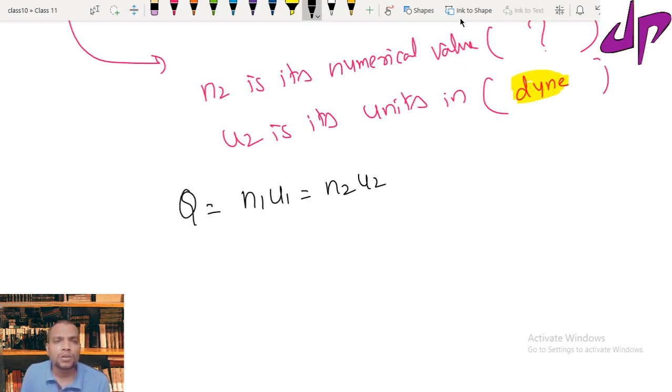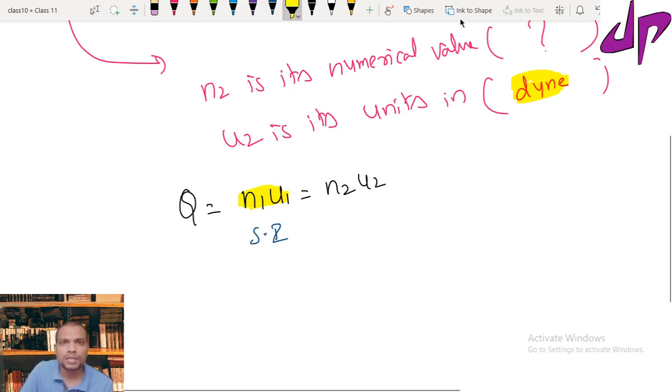The product of the numerical value and its units equals the product of the numerical value and its units in another system of units. Suppose this one you take as the SI system of units, and this one as the CGS system of units.